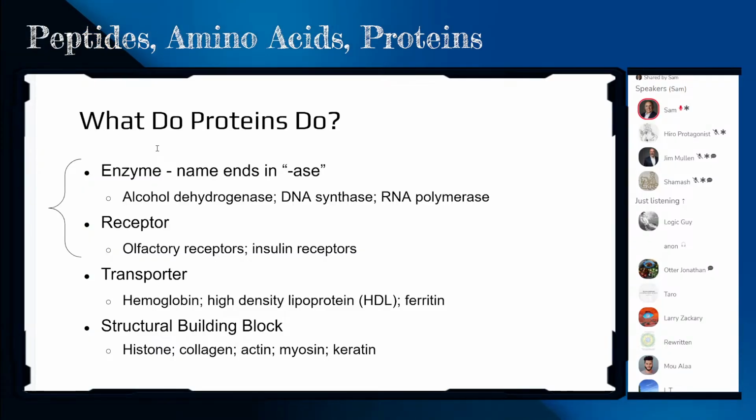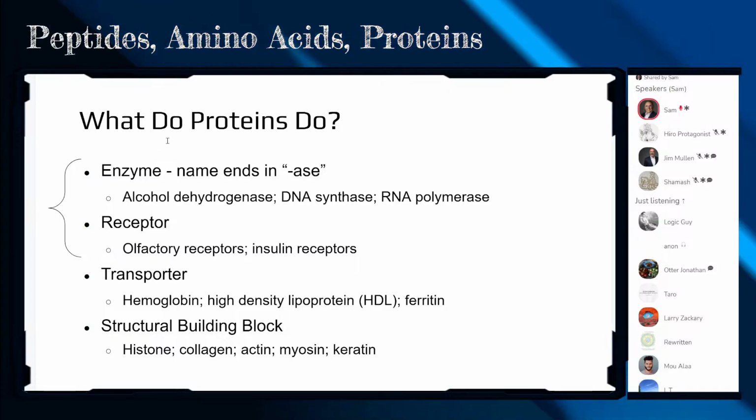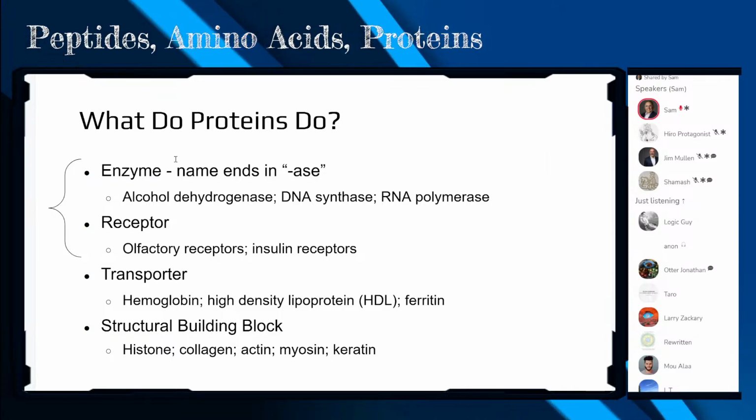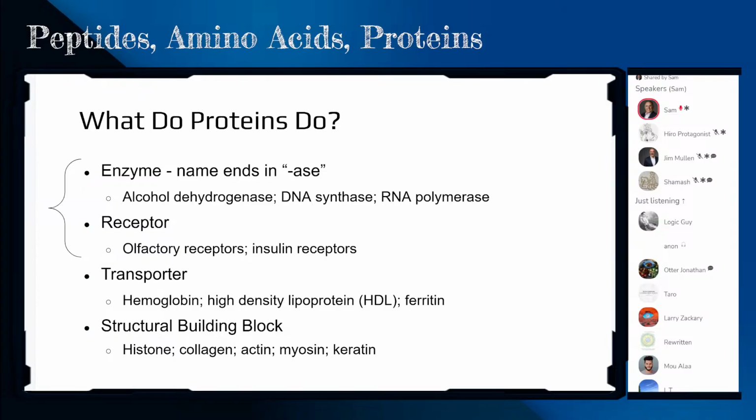So on slide 5, I said that enzymes catalyze reactions. Well, what does that mean? What does a catalyst do? A catalyst is a compound that speeds up a reaction, but itself is not changed.